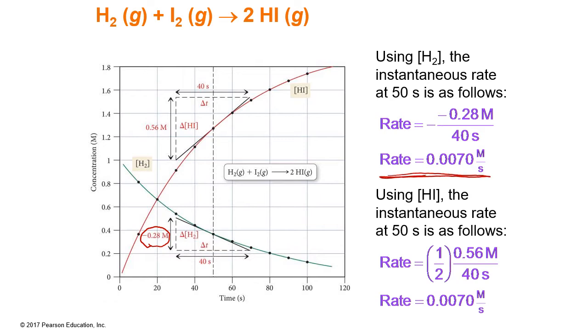We find that our rate for the hydrogen being used up is 0.007. Our units are molarity per second. If we look at HI at the same time point, and we're producing it, so it's positive 1/2. Take our change in concentration over the change in time, we end up with the exact same rate.